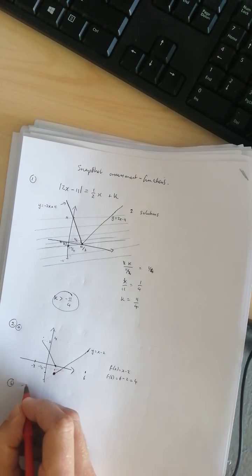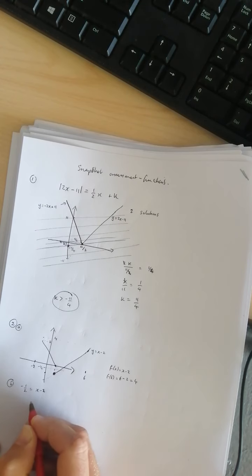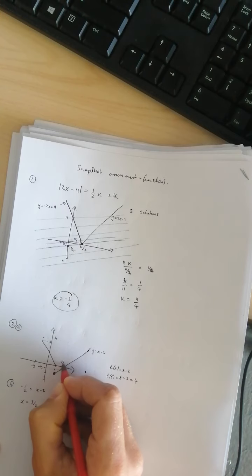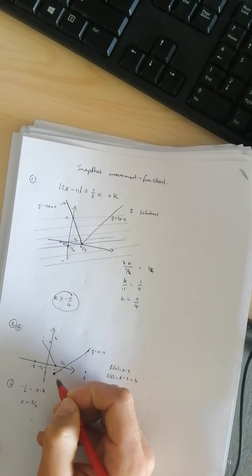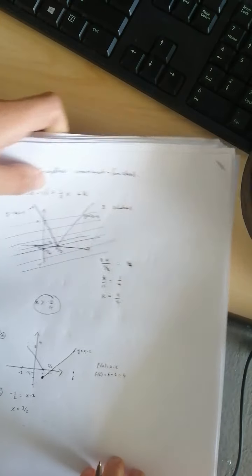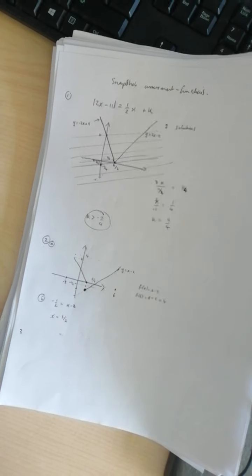So we want to put minus a half is equal to x minus 2. X is equal to 3 over 2. Does that make sense? That could be 3 over 2. Makes sense with the picture. Okay. Right. And let's have a look at 3.